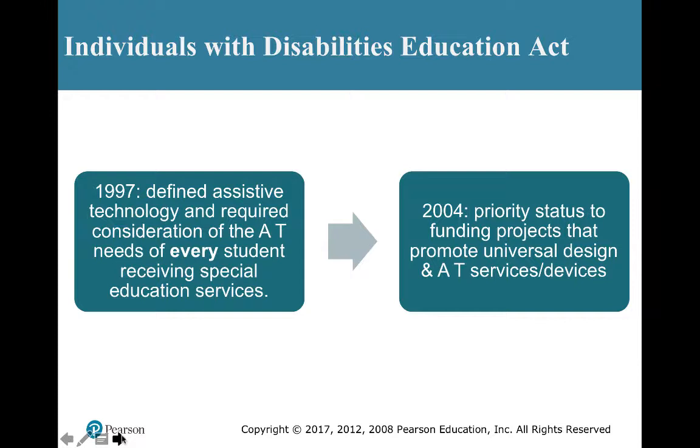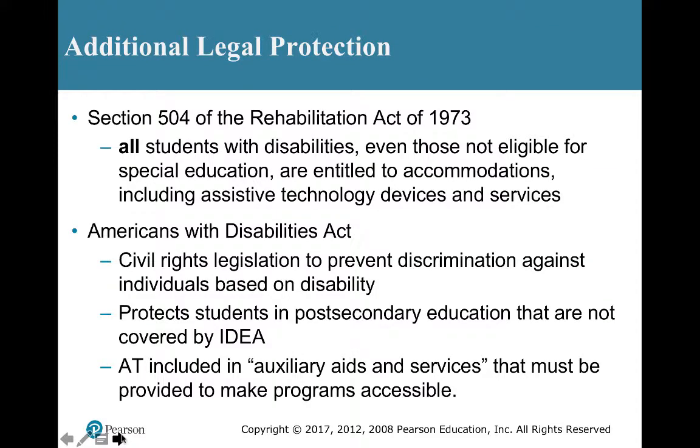And then in 2004, again with the reauthorization of the law, there is priority status to funding projects that promote both universal design for learning, because technology is really a big part of universal design for learning, as well as the assistive technology services and devices.